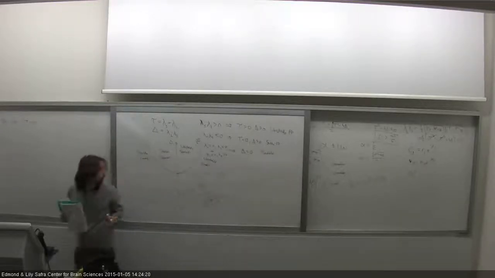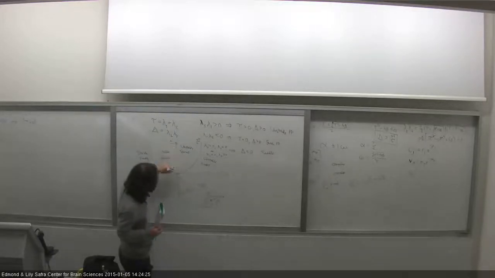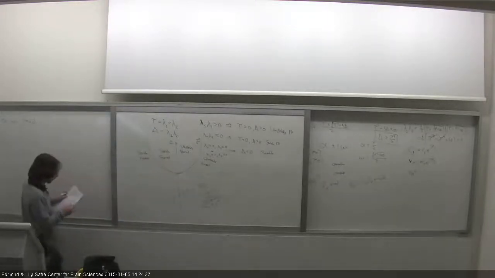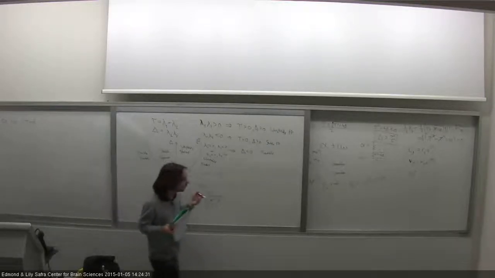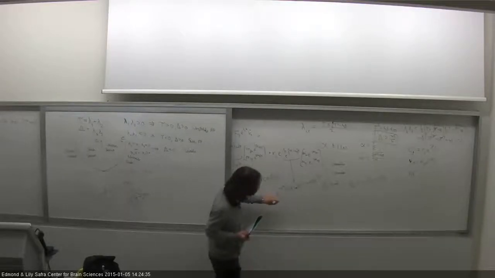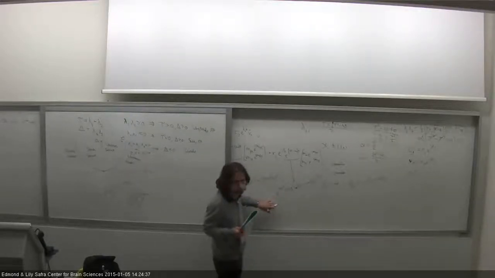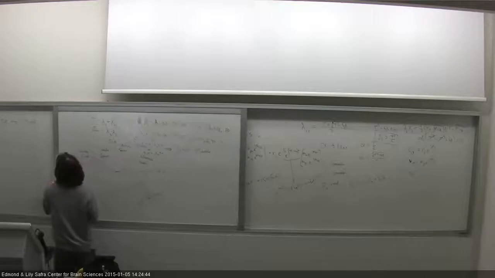So delta can be any delta, but we are on this axis. So this means we have no growth or decay. Okay? This term is just 1. It does not change with time. Alpha is 0. So this is what's called a center.